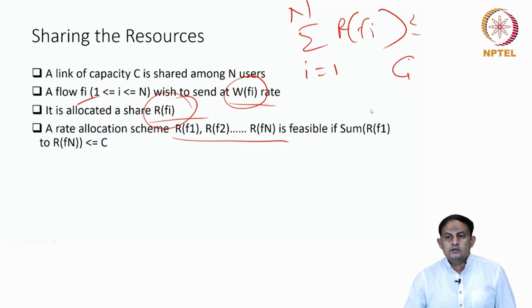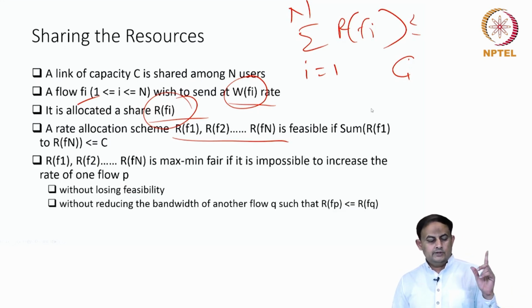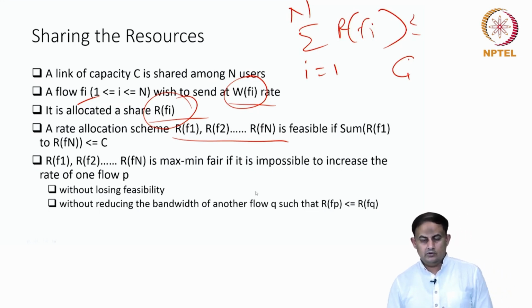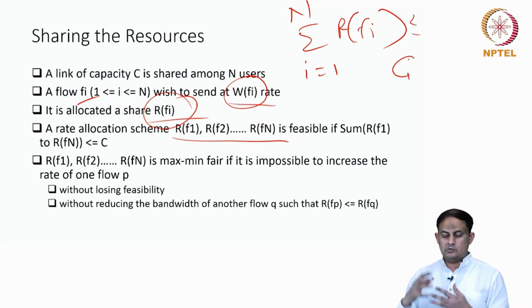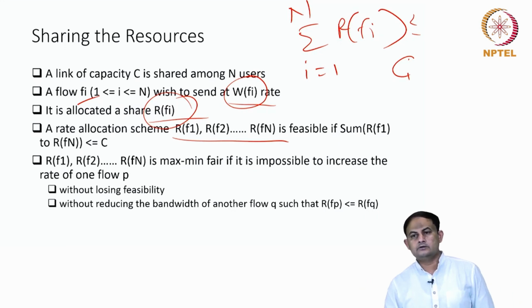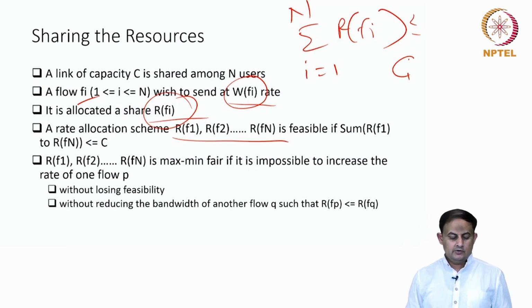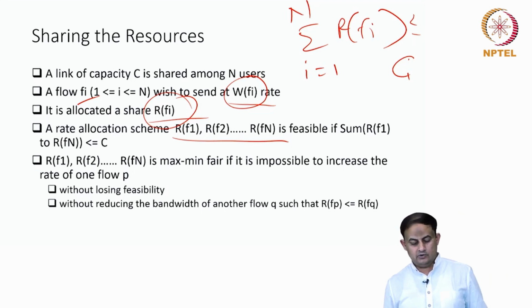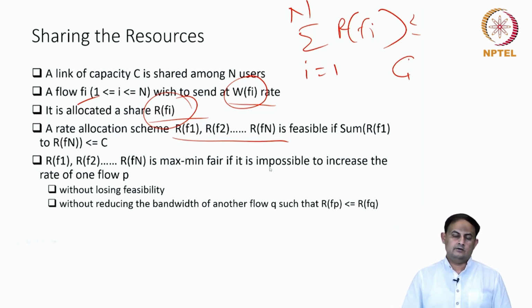So, now what we do is, this schedule is feasible when this constraint is met, and I want to come up with such an allocation scheme where, without reducing the bandwidth of a particular user, I want to maximize the available utilization.